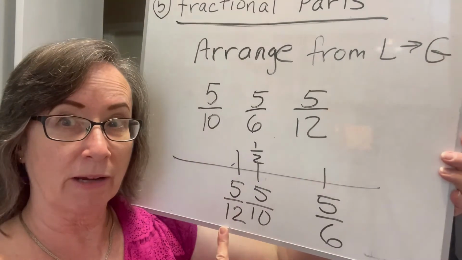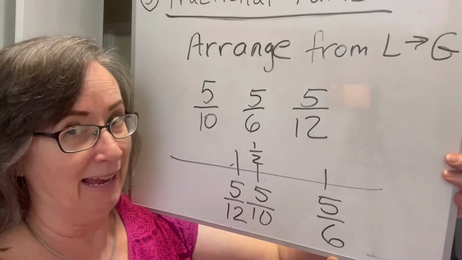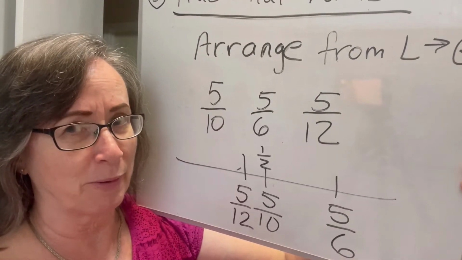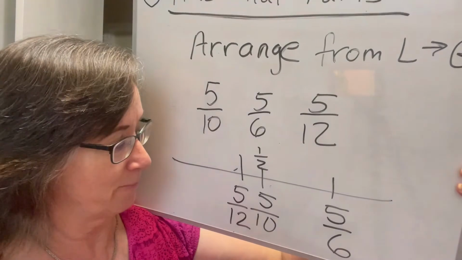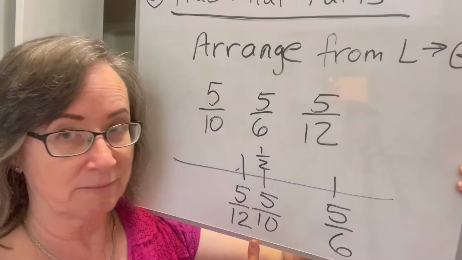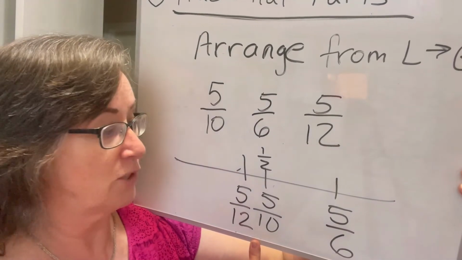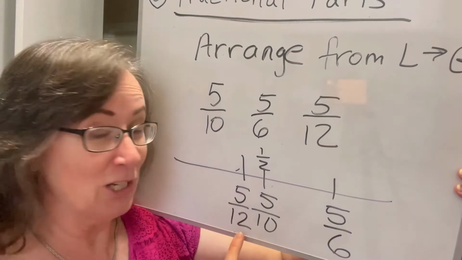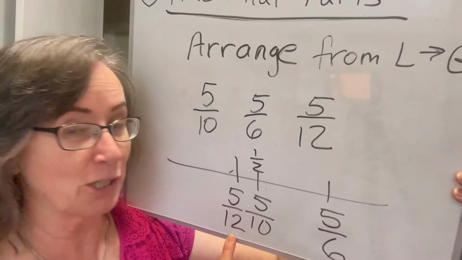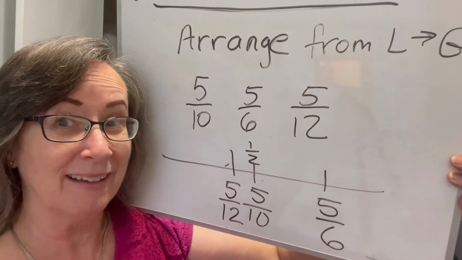I'd rather share a pizza with only 5 other people, because I'm one of the 6 people, right? If I share that pizza with 11 other people, that would not be very much pizza, would it? So, if the numerators are the same, the larger denominator is the smaller piece of pizza.